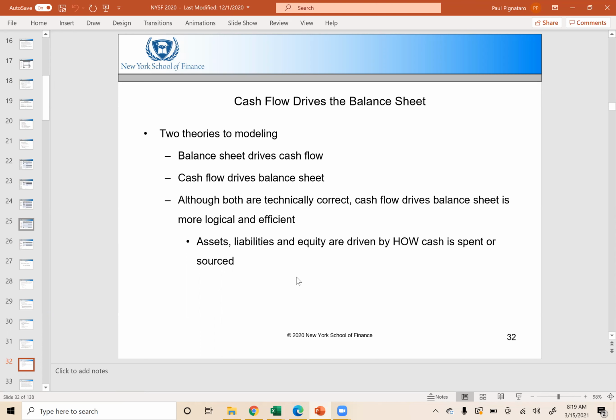So your task is to build your own cash flow statement. Why is that the case? Well, if anybody has a company or started a little company before, if you know about filing taxes for the IRS, you are required to produce a statement of income and a statement of balances. You're not required to produce a cash flow statement. So sometimes a lot of companies don't have cash flow statements.